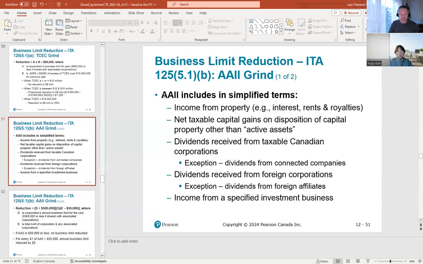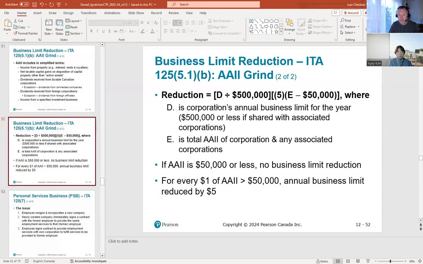Now we're going to the other one, which is the adjusted aggregate investment income, which is, in simplified terms, the income from property, net taxable capital gains, and dividends received from taxable Canadian corporations and foreign corporations, or income from specified investment businesses. Here the reduction also applies.